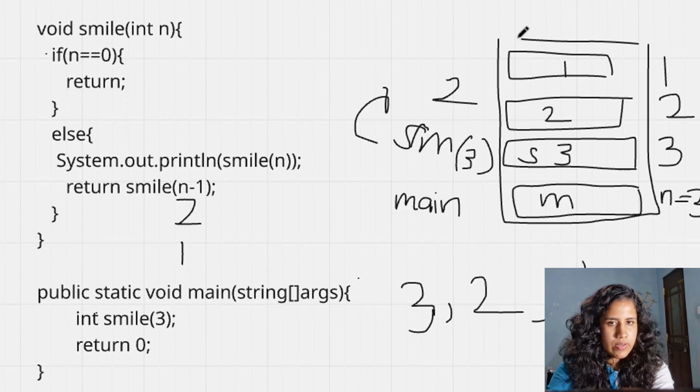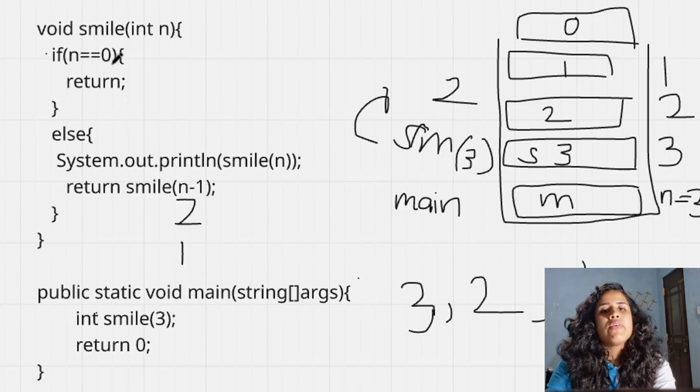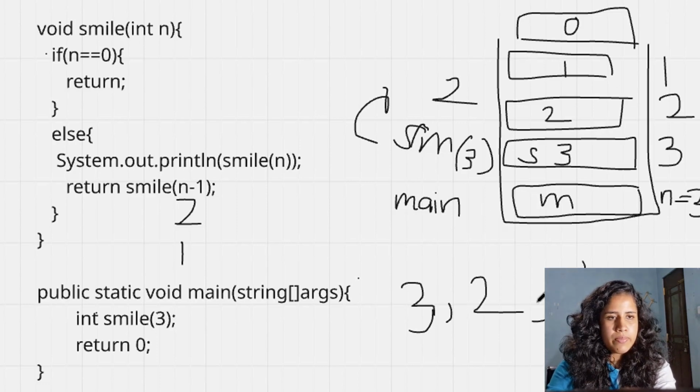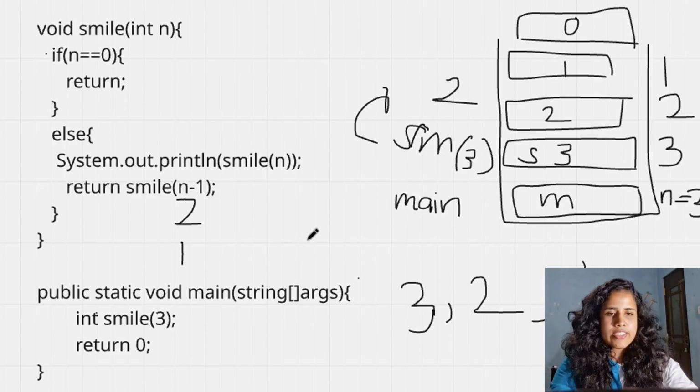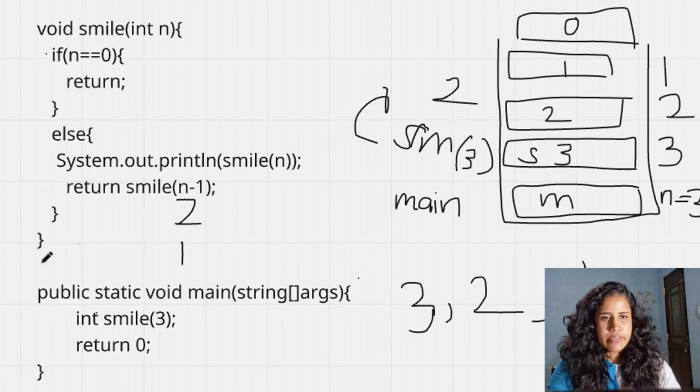So after 1, it will give smile 0. So it satisfies the base condition, which means if n equals 0, return. So it will return the printed output 3, 2, 1. That's the basic idea of what tail recursion means. So I'll explain it in another method as well.